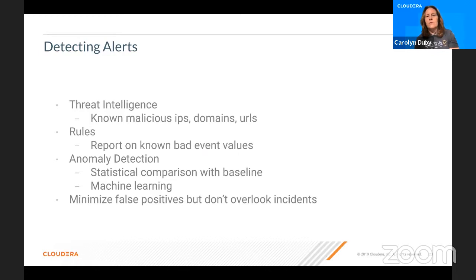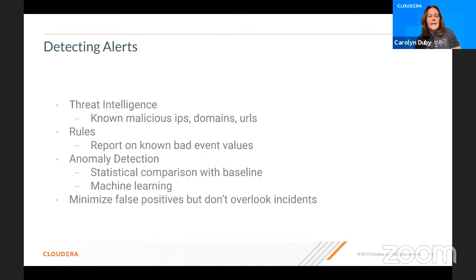And then there's also statistical and machine learning to do anomaly detection. So this is a big focus of what we do in the real-time pipeline, and then also after the real-time pipeline, looking at events over a longer time frame. So, how did this particular entity act over the last year?